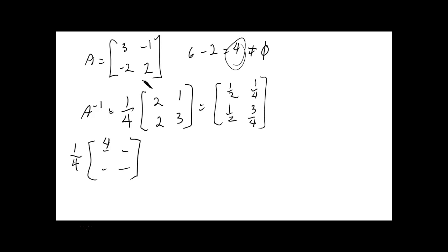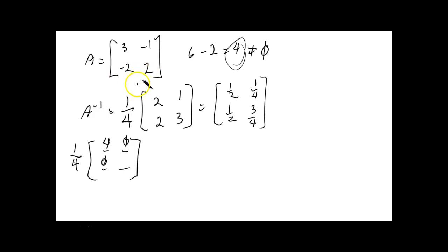I did the first entry. You do the next one. That's a 0. Fine. Next one. You have negative 4 and 4. That adds to 0, right? And then the last one: negative 2, and then we have 6.